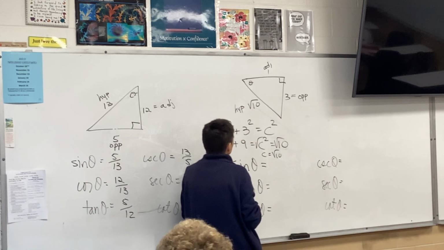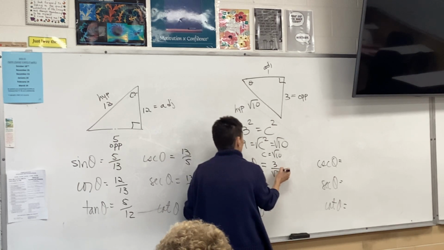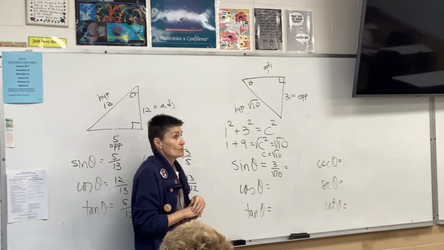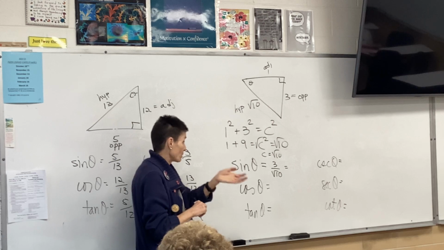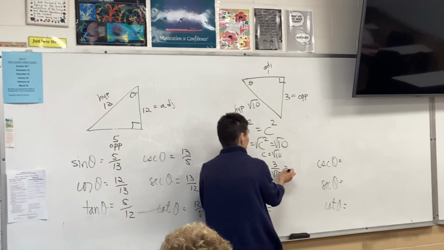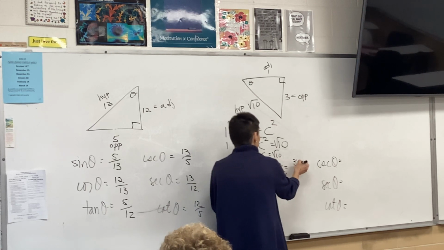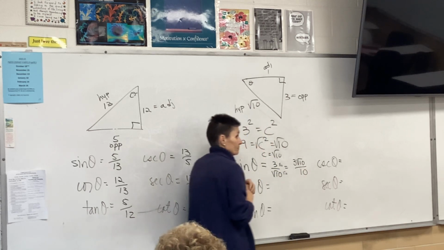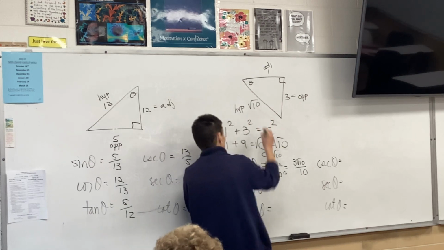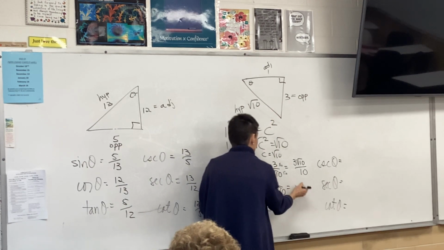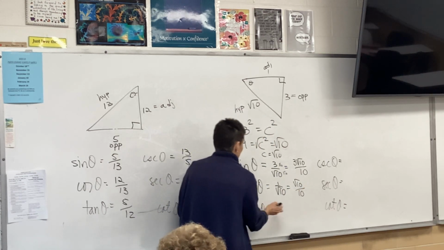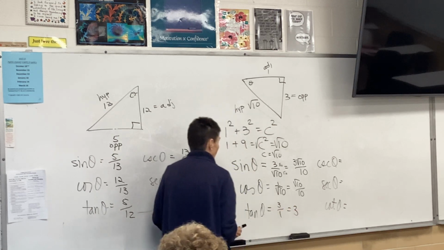So sine is opposite over hypotenuse. Now this one has that dumb radical again. So while the answer is 3 over root 10, we need to rationalize that. So we multiply top and bottom by root 10. So we have 3 root 10 over 10. Cosine is 1 over root 10. And tangent is 3 over 1, which is just plain old 3.